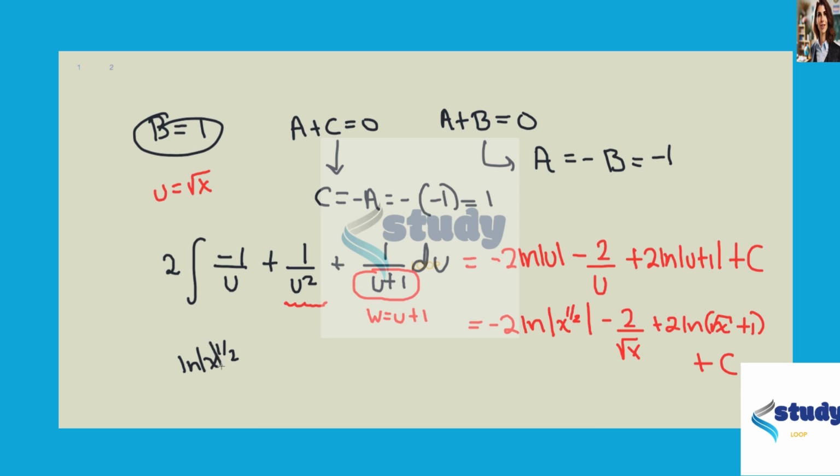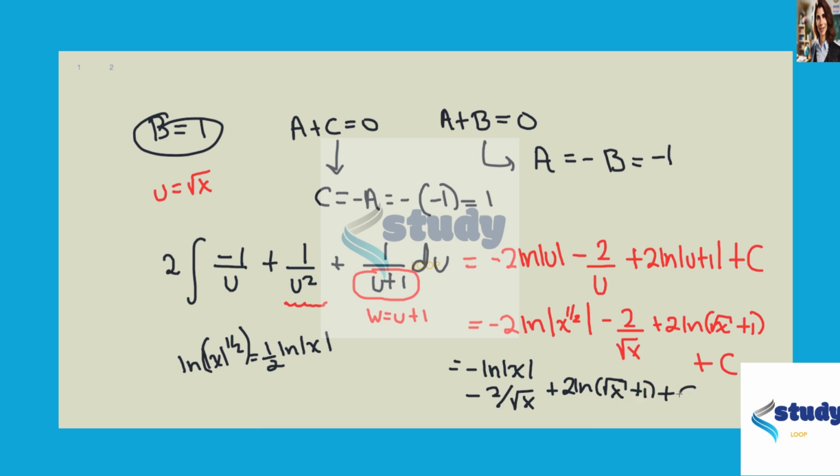We could even take the 1/2 out of the absolute value and write this as 1/2 ln x. So when we do that in our problem, the 1/2 will cancel with the 2. So we just have negative natural log absolute value of x, minus 2 over radical x, plus 2 natural log of radical x plus 1, plus c, and that's our final answer.